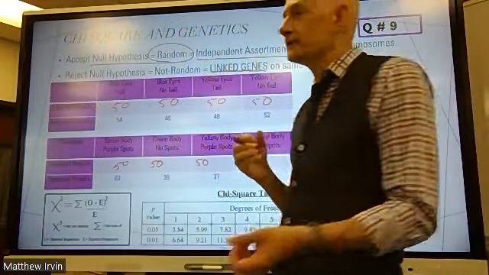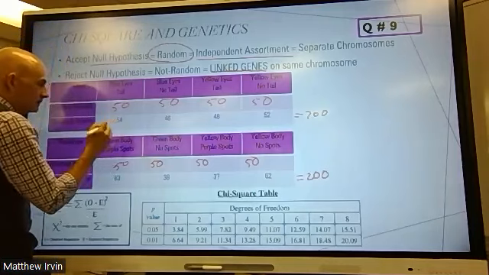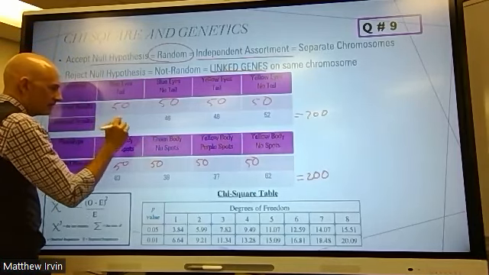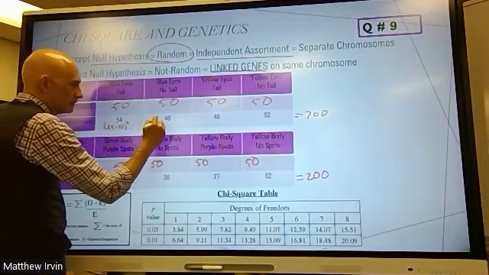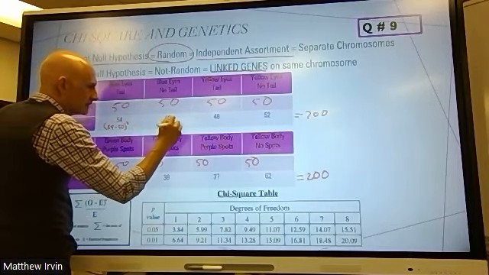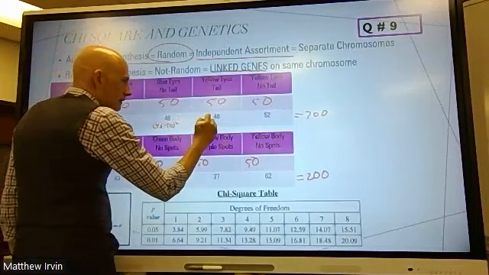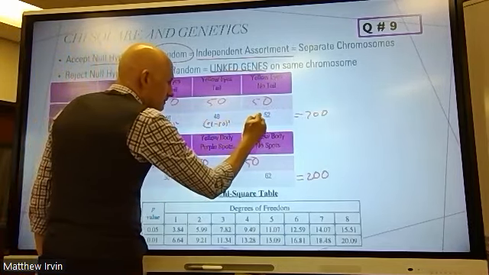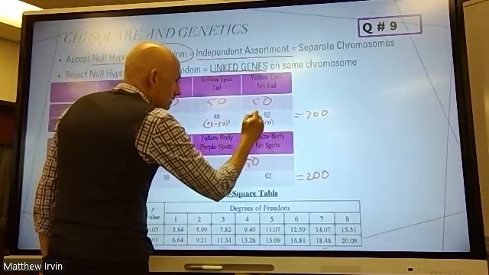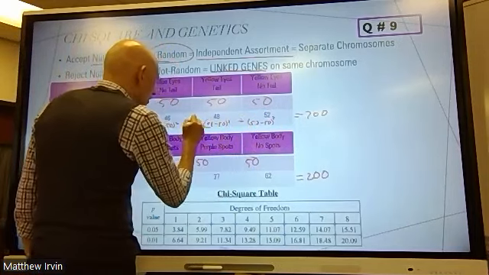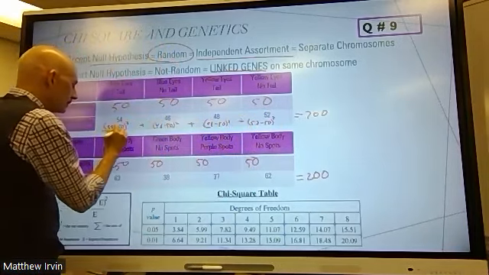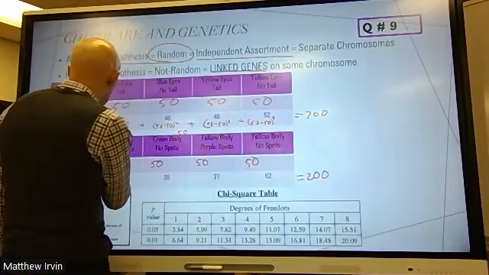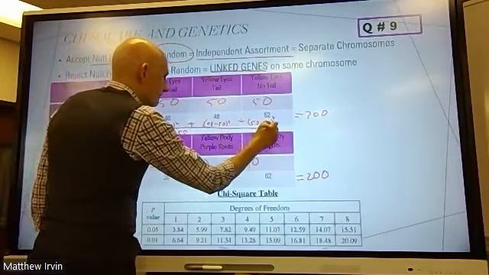We do observed minus expected: 54 minus 50 squared, and then 46 minus 50 squared, 48 minus 50 squared, 52 minus 50 squared. We're going to add all of those together, and then divide by the expected, which is 50.